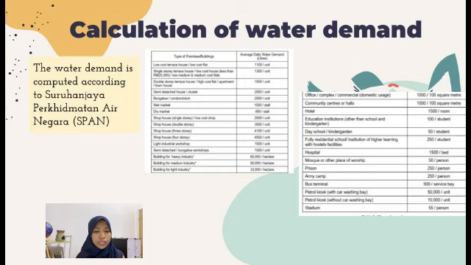The water demand is computed according to Suruhanjaya Perkhidmatan Air Negara (SPAN). The table shows the water demand rate for the premises or buildings included in our development plan. It shows the average daily water demand in liters that can be used to calculate the water demand.